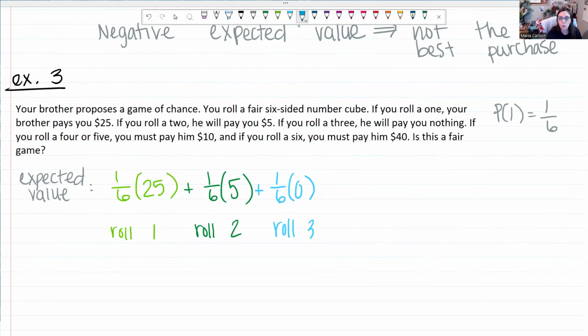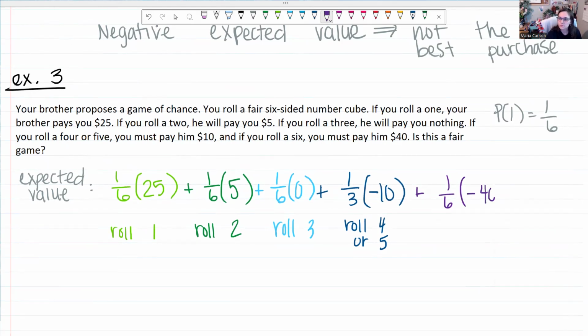Now 4 or 5, that is 2 out of the 6, or 1/3, and the outcome there is that I pay him $10, so negative 10 for either of those. And lastly, if I roll a 6, there's a 1 in 6 chance. I must pay him $40, so minus 40.